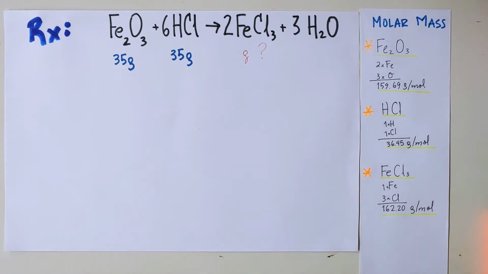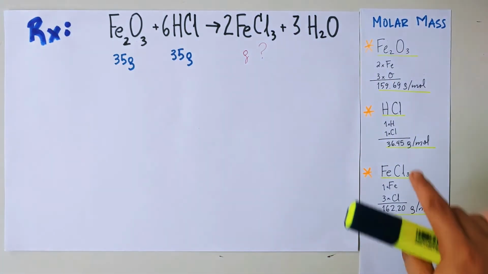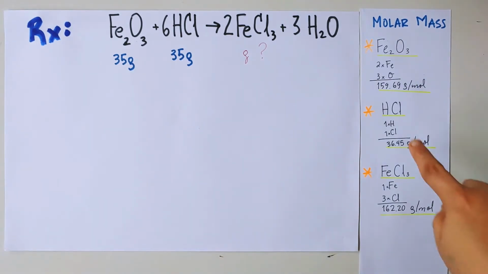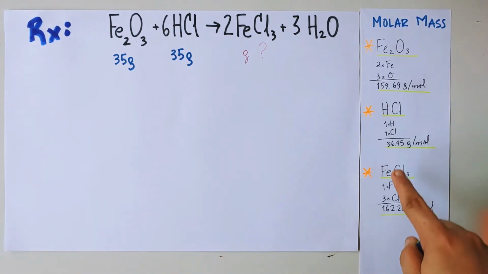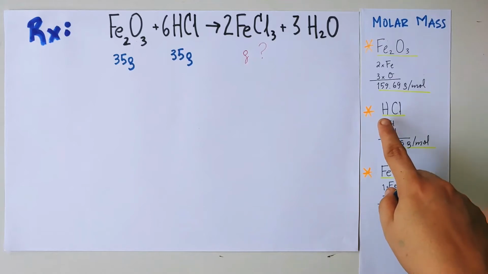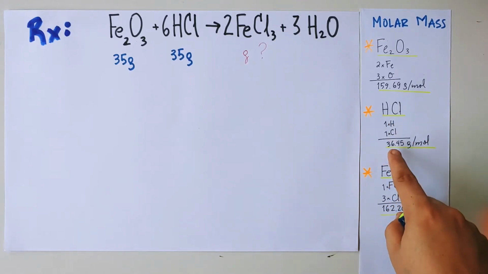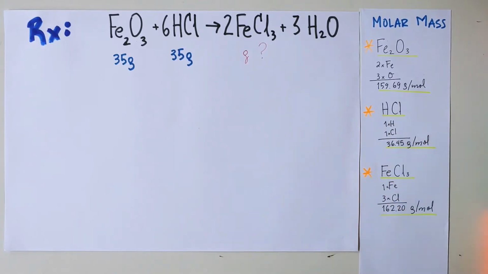For the molar masses, I have 2 irons and 3 oxygens. I add them, and I got 159.69. For hydrochloric acid, 1 hydrogen and 1 chlorine, which gives me 36.45. And for iron-3 chloride, you have 1 iron and 3 chlorines, which gives you 162.2.